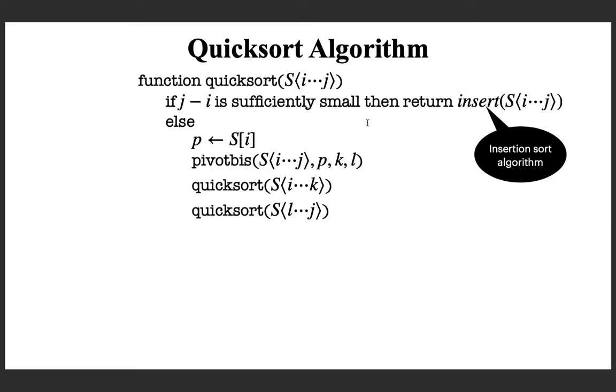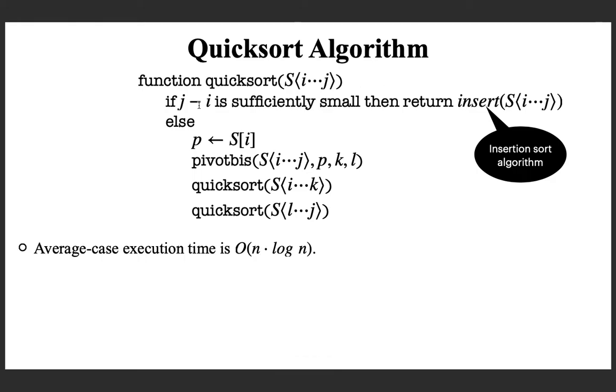Then this particular algorithm is asking you to do insertion sort on that. If the number of elements is very small, don't go for the quicksort, no need to do that, you just go for the insertion sort. So this is the procedure for insertion sort. If the number of elements in the sequence is very small, you go for insertion sort.